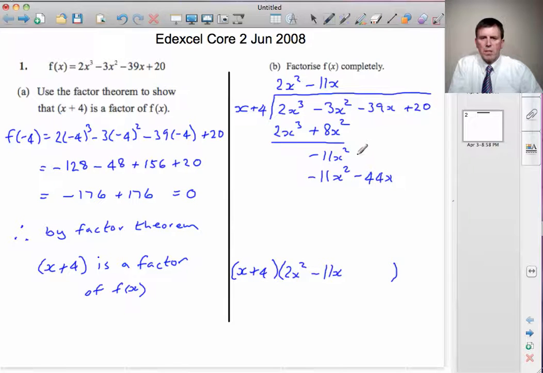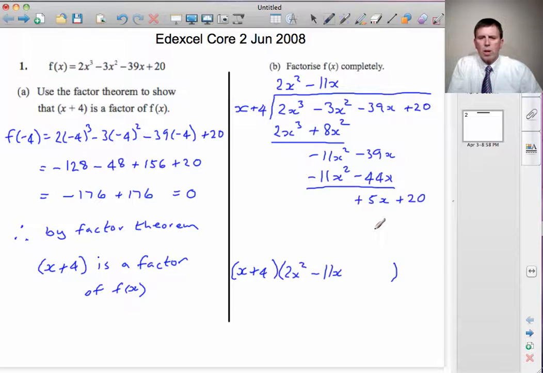Let's bring that minus 39x down here. Do the subtraction. Take away, this disappears. Minus 39x minus minus 44x. Minus a minus is a plus, so it's minus 39x plus 44x, which is plus 5x. Bring down the last term.